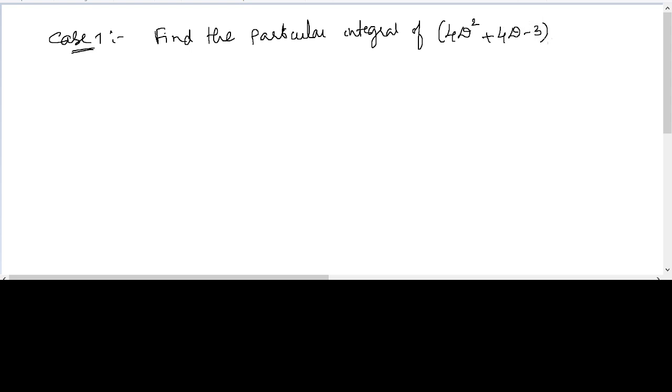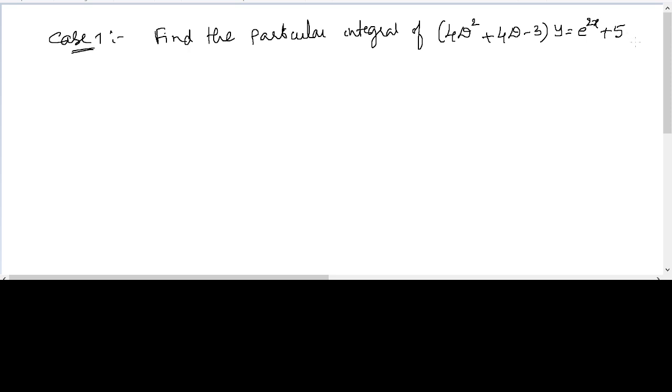So first one you can write, find the particular integral of 4D square plus 4D minus 3 of y is equal to e to the power 2x plus 5.